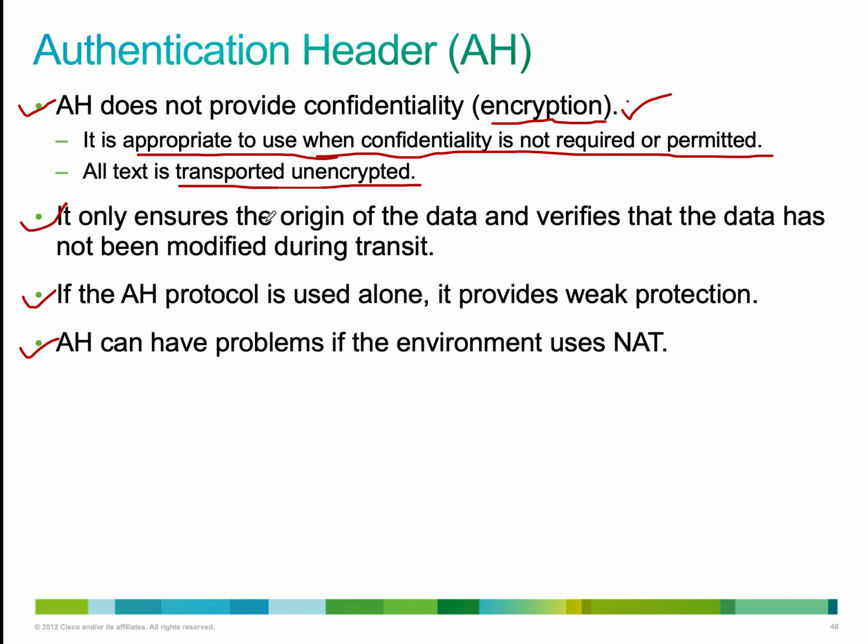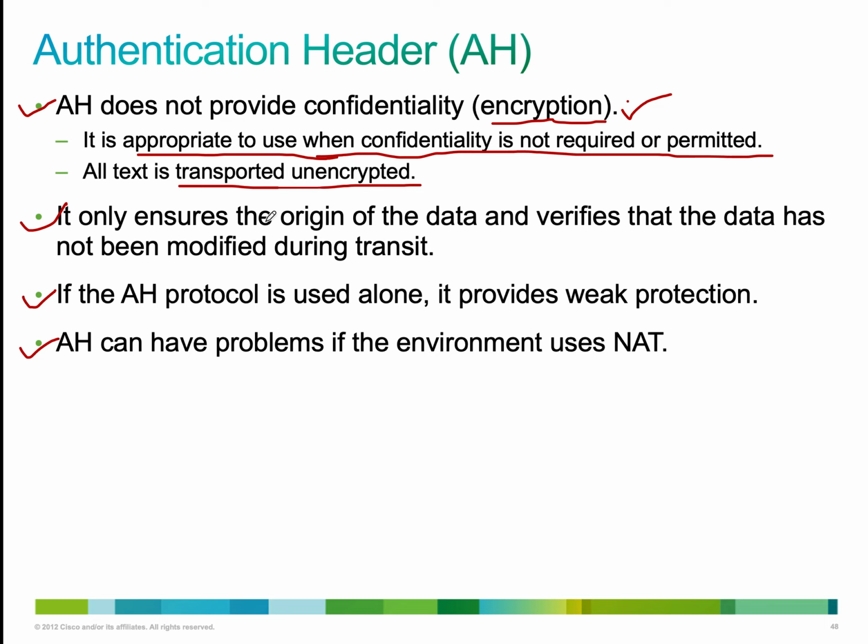Now, authentication header, still on the authentication, AH does not provide confidentiality. It does not provide encryption, so we need ESP. It's appropriate to use when confidentiality is not required or permitted, so whatever it's transmitting is going to be unencrypted. So it's better to use the ESP, right? Or we combine them.